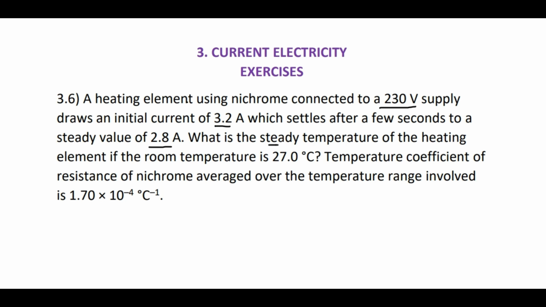What is the steady temperature of the heating element if the room temperature is 27.0 degrees Celsius? Temperature coefficient of resistance of nichrome averaged over the temperature range involved is 1.70 into 10 power minus 4 degrees Celsius inverse.